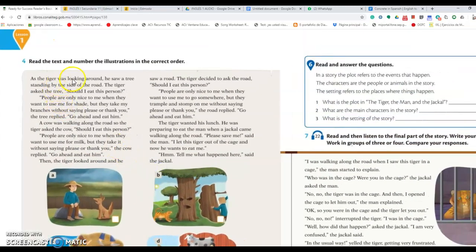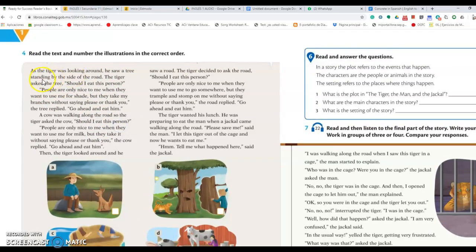As the tiger was looking around, he saw a tree standing by the side of the road. The tiger asked the tree, "Should I eat this person?" "People are only nice to me when they want to use me for shade, but they take my branches without saying please or thank you," the tree replied.